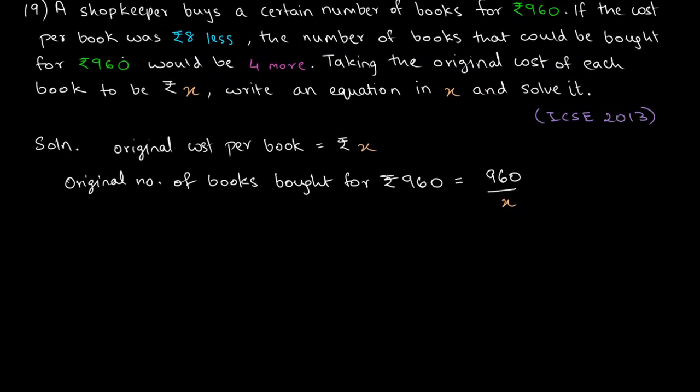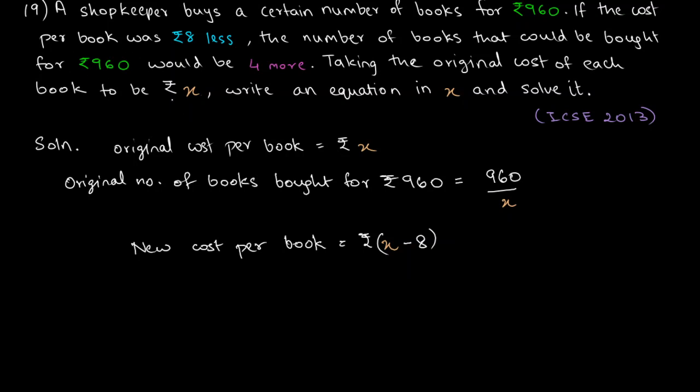Now, as per the new situation, if the cost per book was rupees 8 less, right? So the original cost of the book is rupees X, new cost per book will be rupees X minus 8, since it is 8 less from the original. Okay, now the total expenditure isn't changing.